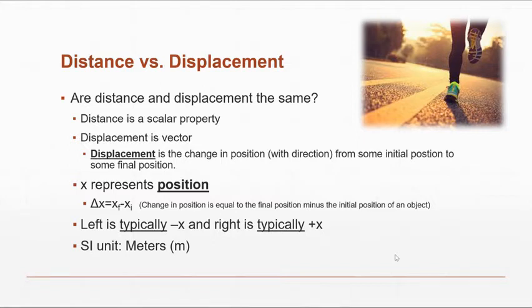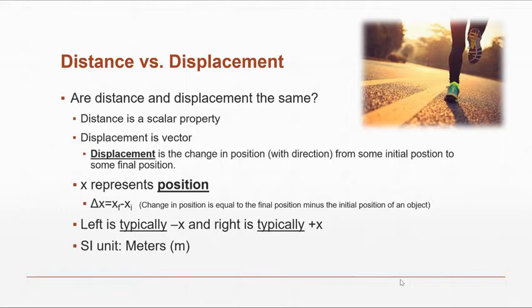Okay. And then we use X in physics to represent our position. So you'll notice in your textbooks, you have X_f minus X with a 0, or X naught. That means X is your initial position. You could have X2 minus X1, or you could have X final minus X initial.